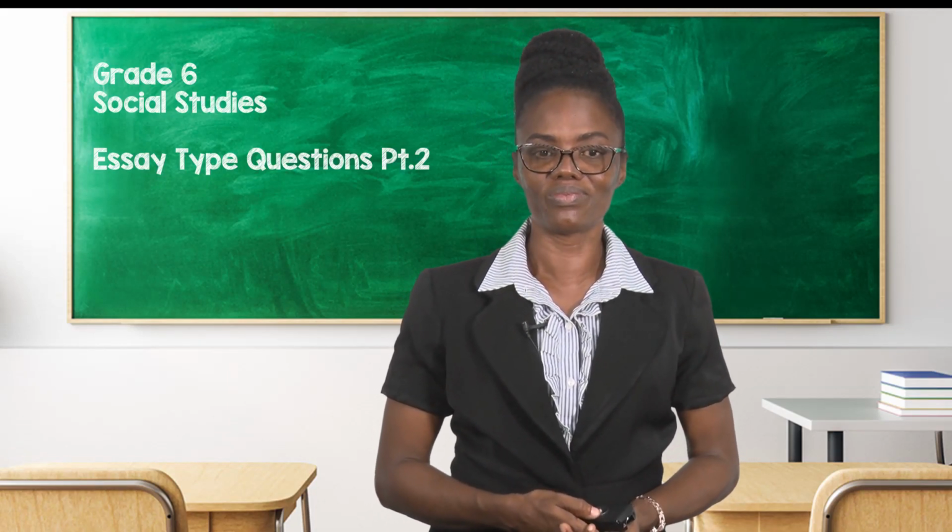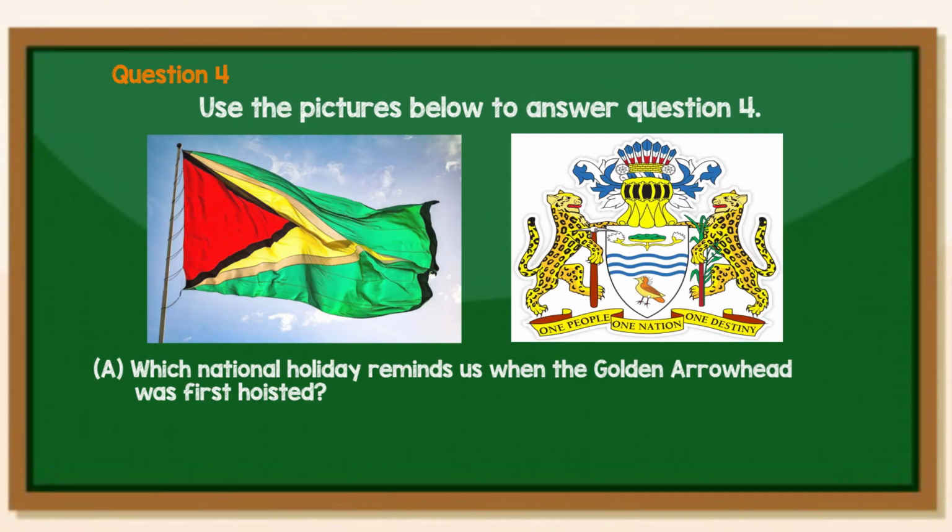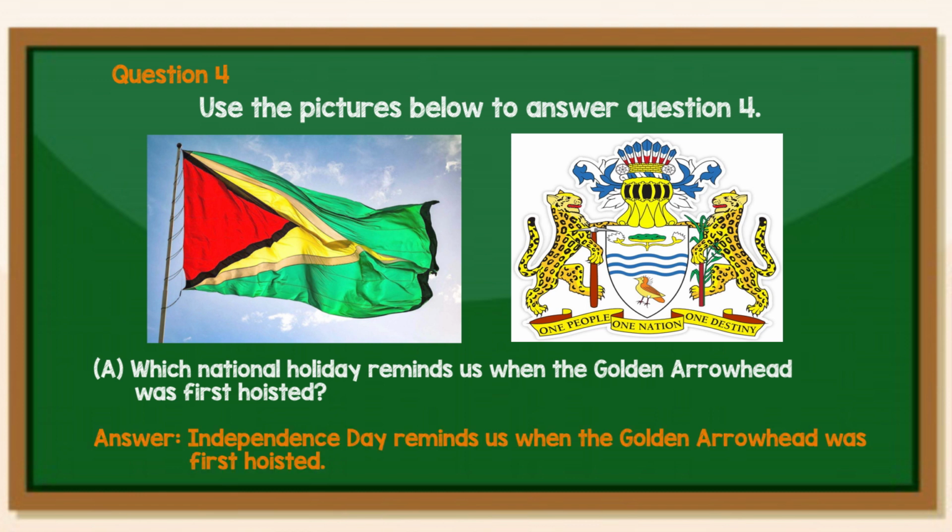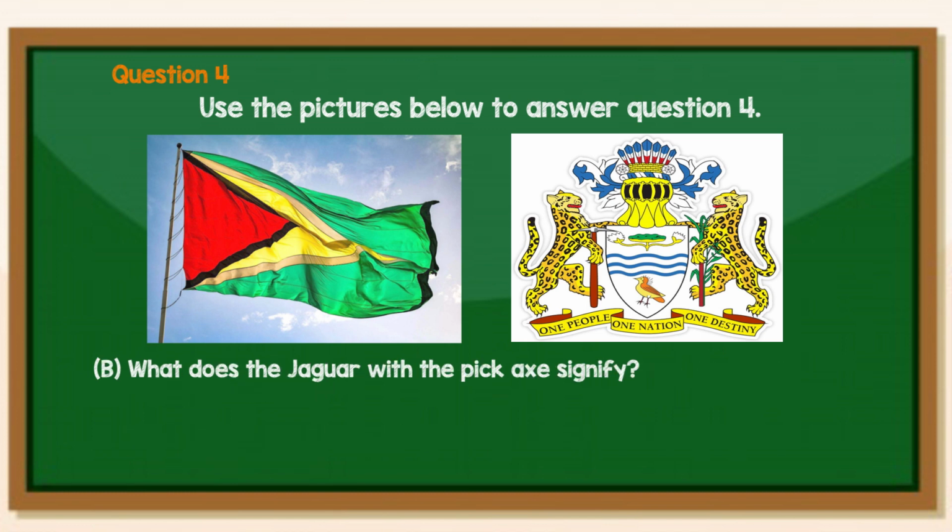Question 4. Use the pictures below to answer question 4. A states, which national holiday reminds us when the golden arrowhead was first hoisted? I am sure, boys and girls, you would have written Independence Day. B. Say what the jaguar with the pickaxe means.